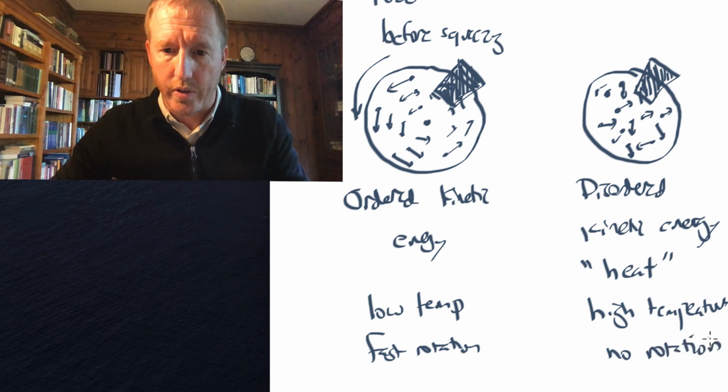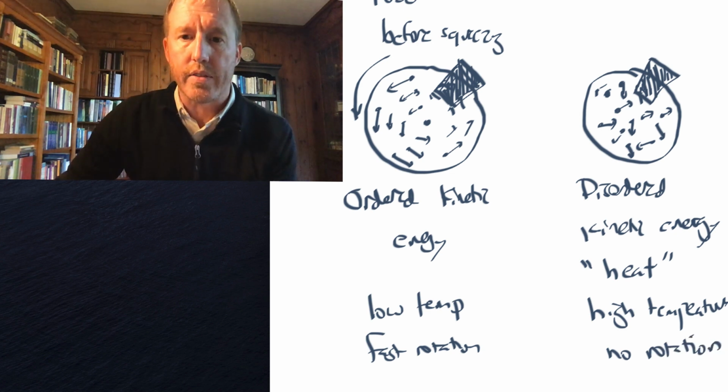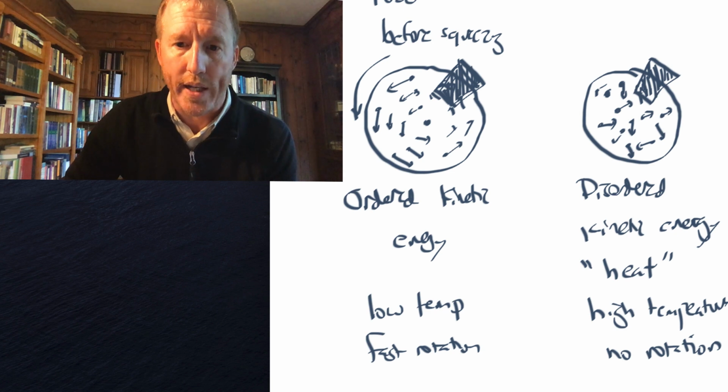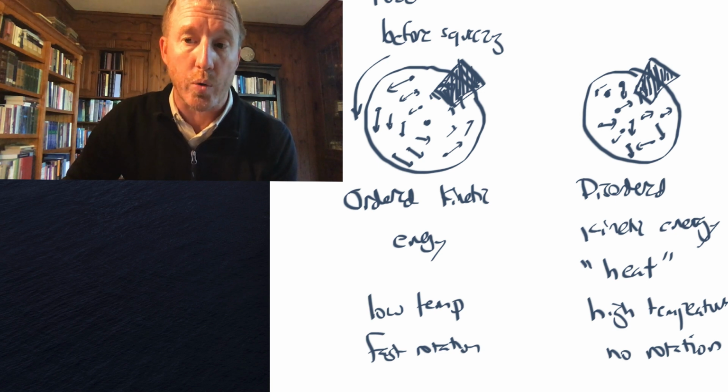And maybe I'll say one other thing right now. It's not easy to reorder these random molecular motions. It's not like if you just waited long enough that these random molecular motions would suddenly all align with one another and this wheel would begin rotating once again.